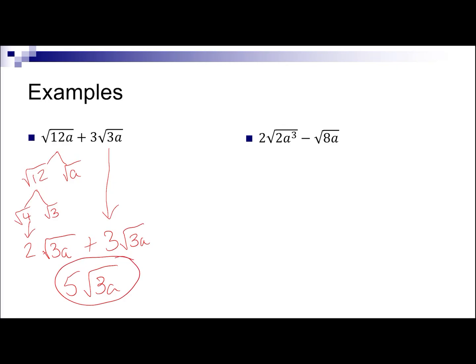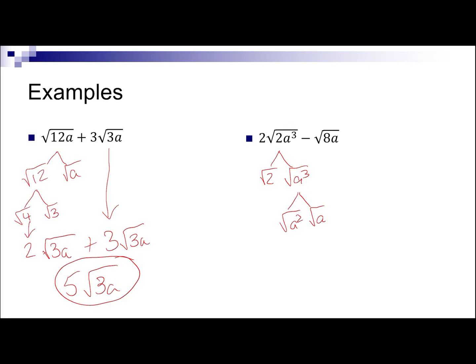For the right side, we are going to split up the radical 2 and the radical a to the third. Radical 2 cannot be simplified, but radical a to the third can. So we have a squared and a. Remember our rules for simplifying variables under radicals. We want to look for if it has an even power, we can just take it out immediately.